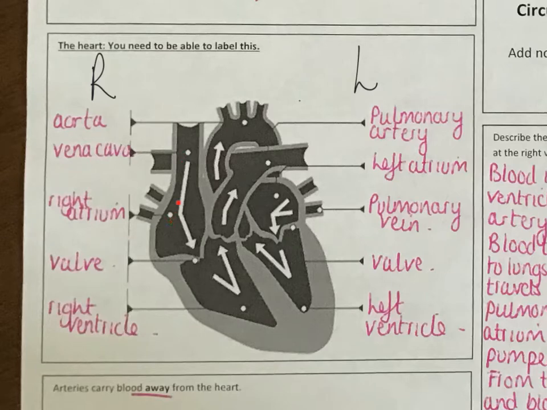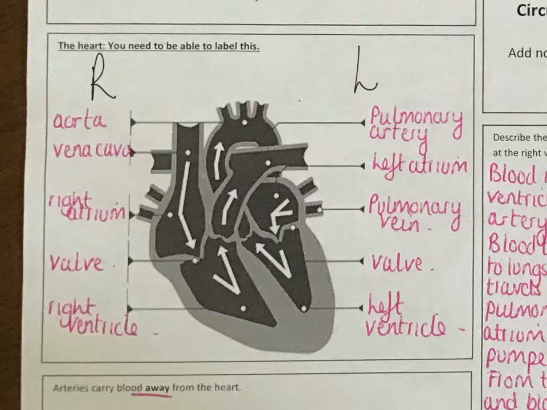From the vena cava the blood enters the right atrium. Here are the valves separating the 2 chambers. We have the right ventricle, then the blood leaves through the pulmonary artery, and then it goes to the lungs.